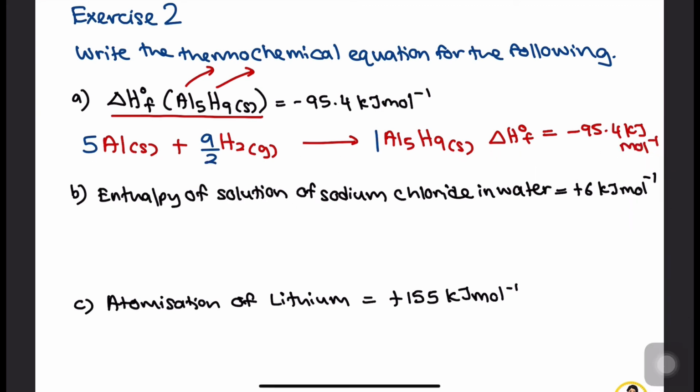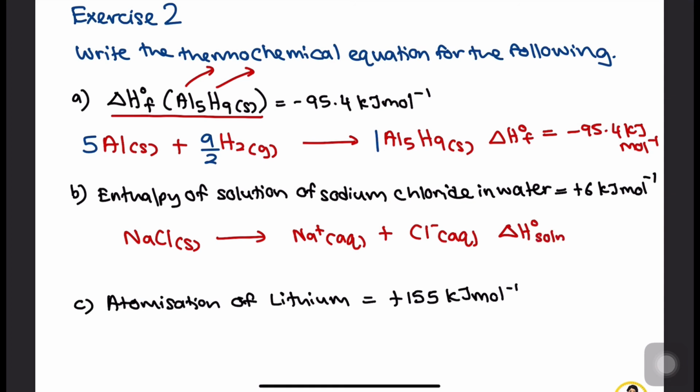For question B, the thermochemical equation would be NaCl solid to produce Na+ aqueous plus Cl- aqueous, and this is already balanced with delta H naught, and this is solution, so we would have SOLN as subscript equals to positive 6 kilojoule per mole.